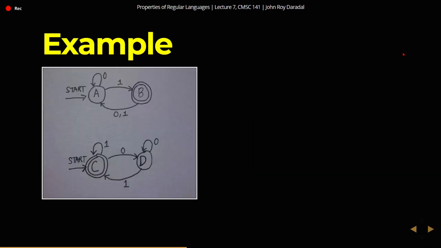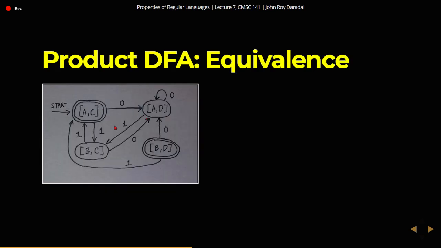So going back here, those states would be, for example, A, C. Why is this a final state, AC? Because only one of them is a final state. So C is a final state, but A is not. And then you also have BD as a final state because B is a final state, D is not. So only one of them is a final state in their original DFAs. So that is why we have AC and BD as the final states in our equivalence.